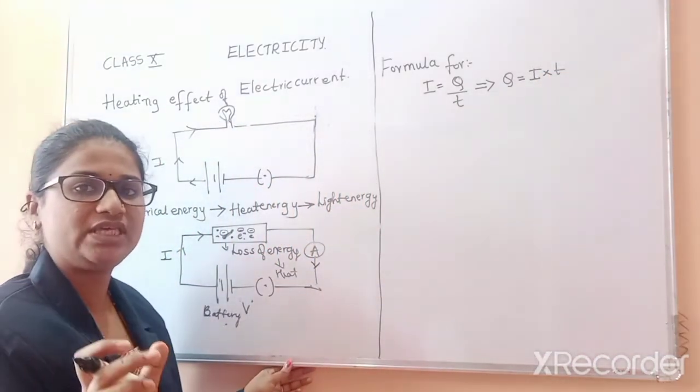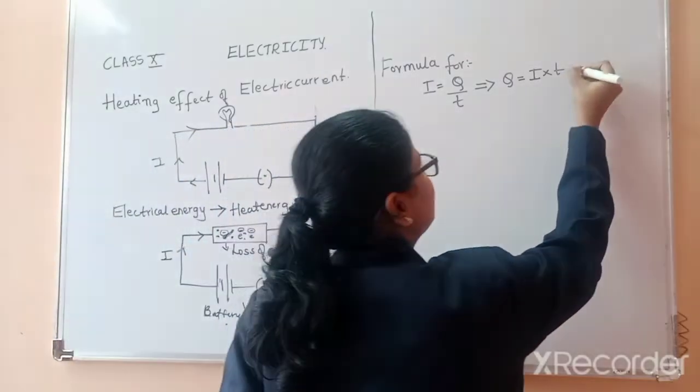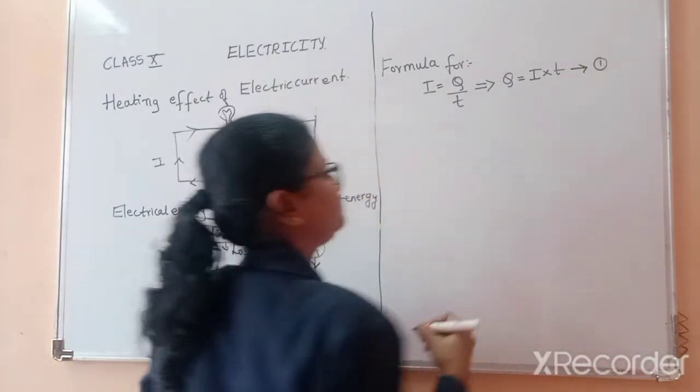Q is equal to I into T. Let us name this equation 1.